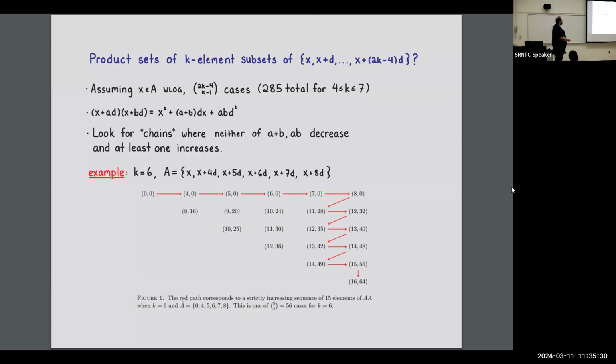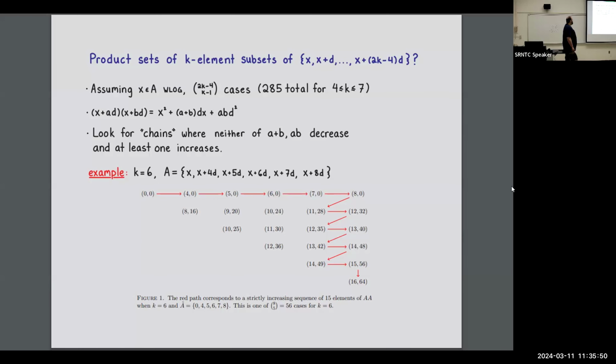And so this is just one diagram of an example of a 6-element subset of a 9-term arithmetic progression, and you're finding a chain that corresponds to a strictly increasing sequence of 15 products.